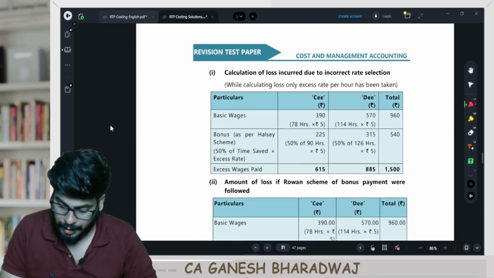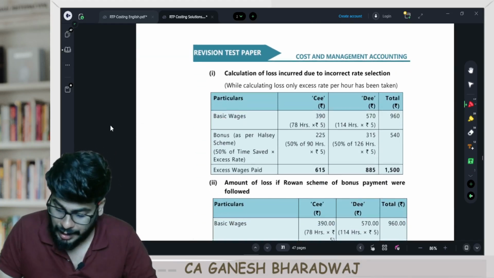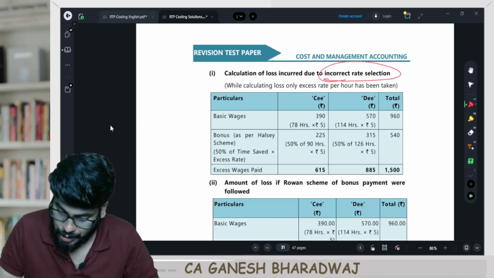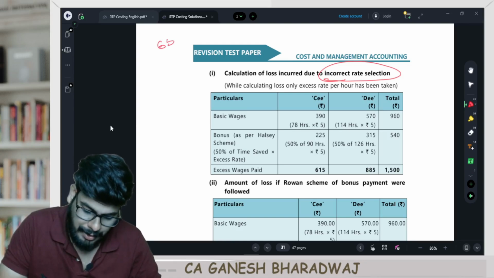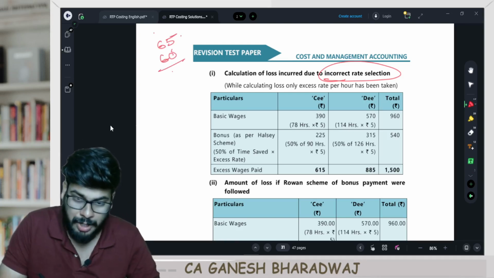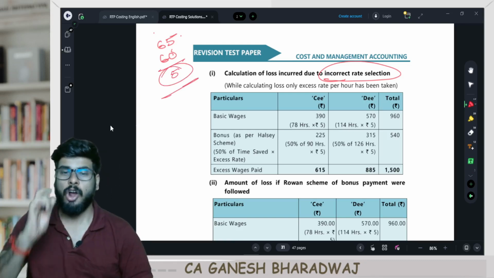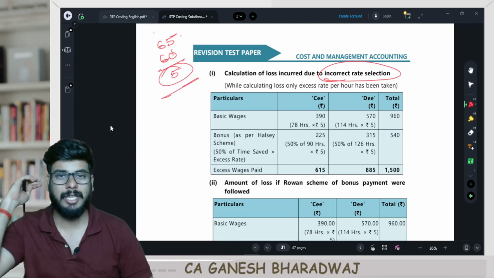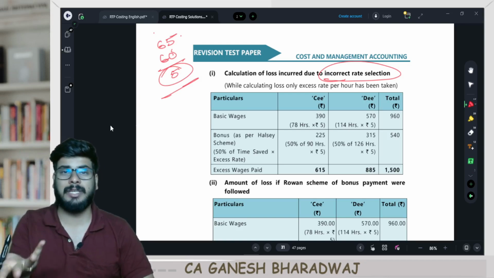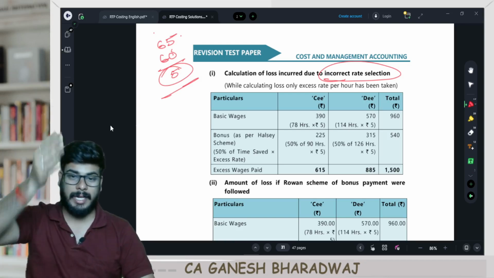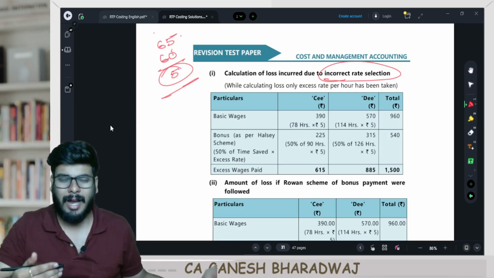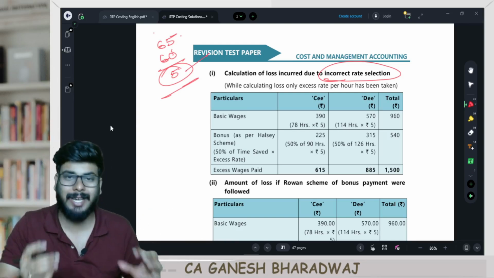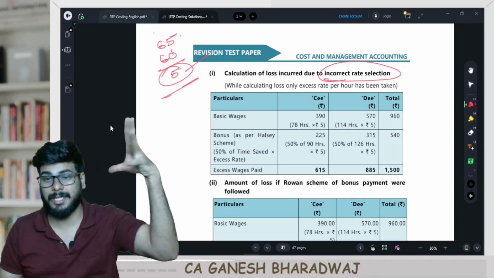Now, look at this. Calculation of loss incurred due to incorrect rate selection. They were supposed to pay 60 rupees, but they have actually paid 65 rupees, which means 5 rupees they have paid more. On this 5 rupees alone, it is sufficient if you calculate the impact, because they're asking for the impact. Instead of doing the entire calculation for 65 and once again for 60, and subtracting the two, at the time of calculation itself, you can take only this 5 rupees, because they've asked how much extra they are paying.